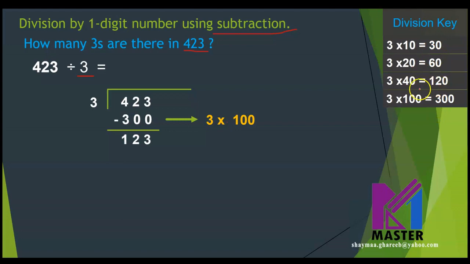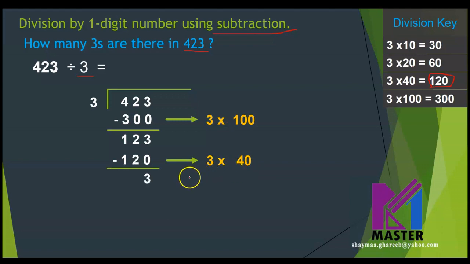I always use the biggest one I can subtract. Can I use the 300? No, because it's bigger than the 123. So I will go for the 120. So I will take 120 from the 123. But I have to mention that this 120 is 3 times 40, which means 40 3s.